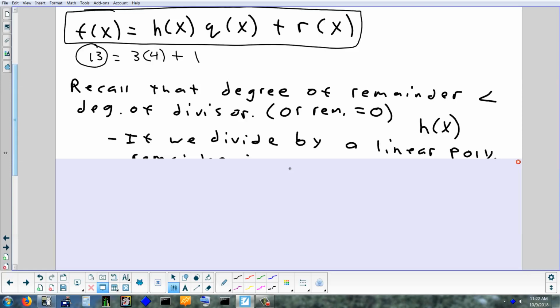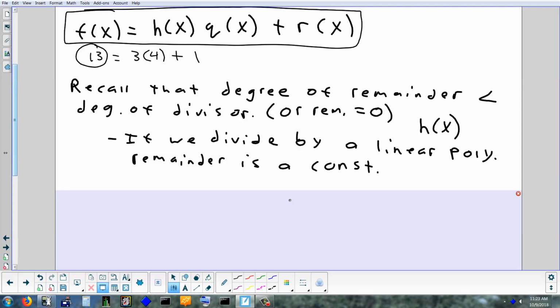Anytime you divide by something of degree 1, your remainder is going to be one step simpler, degree 0. Something that's degree 0 doesn't have any variables in it, which means it's a constant. It's just a number. So if you divide by something that's linear, your remainder is just a number.